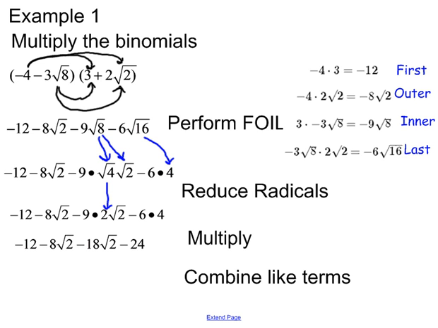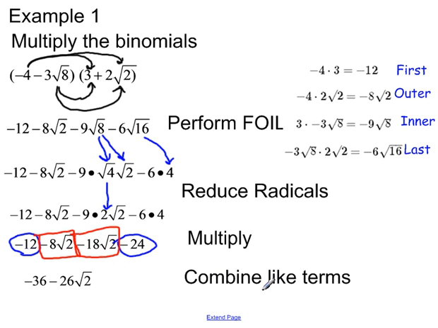So -12 minus 24, we get -36, and -8 radical 2 minus 18 radical 2 is -26 radical 2.